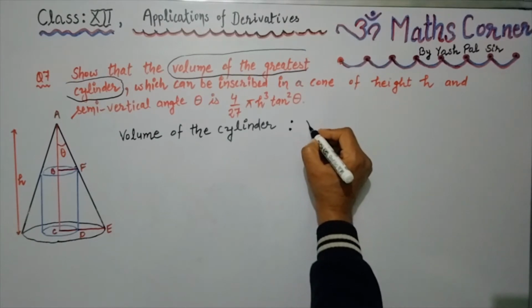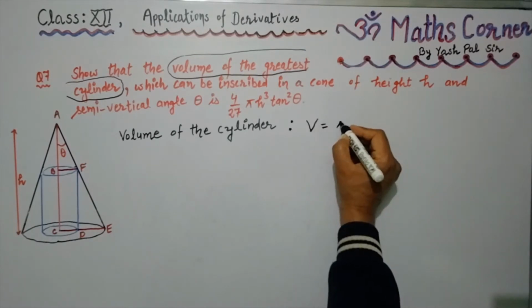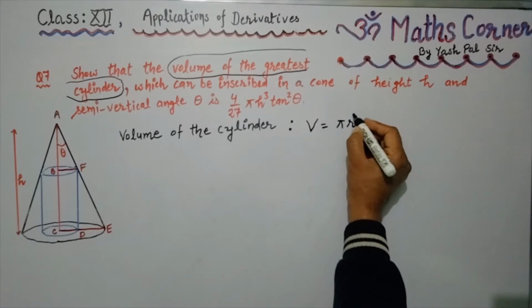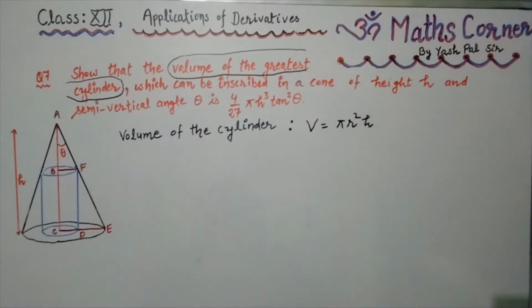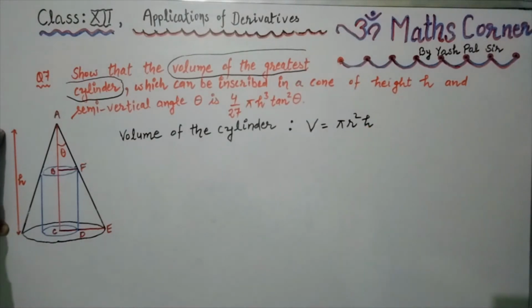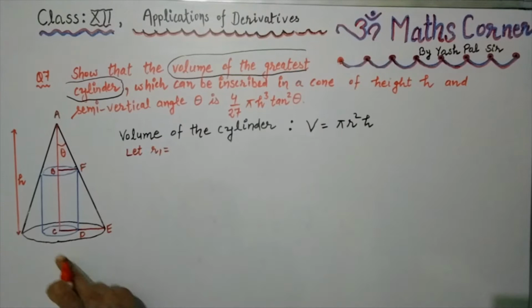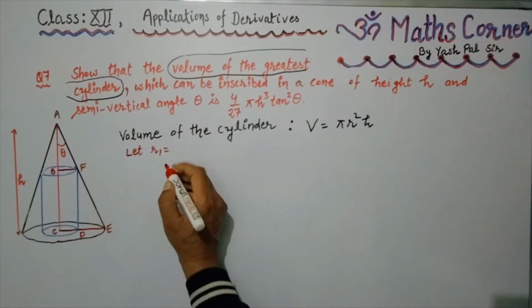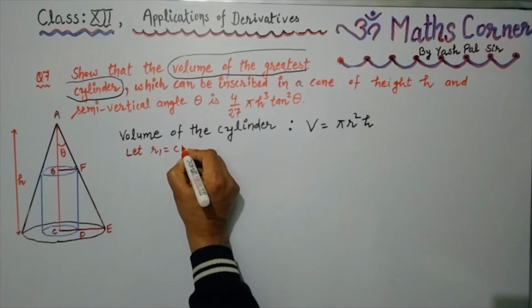Volume of the cylinder, to say V is equal to, we know the formula is pi r square h, but the problem is h is the height of the cone, so we cannot take h. Okay, so we are changing the variables. Let r1 is the radius of the base cylinder, that is CD.